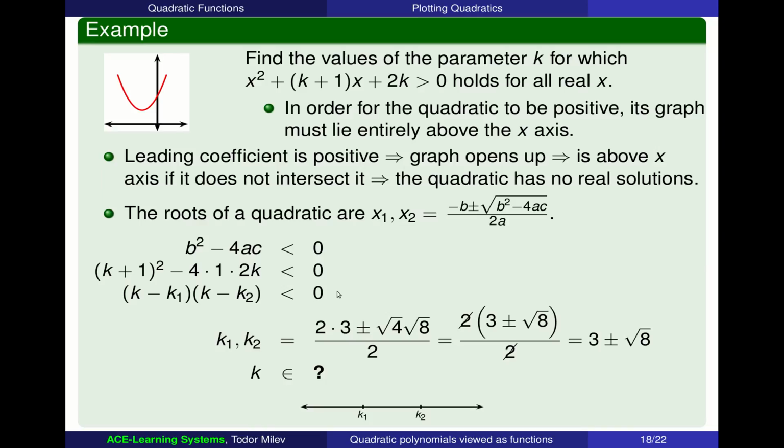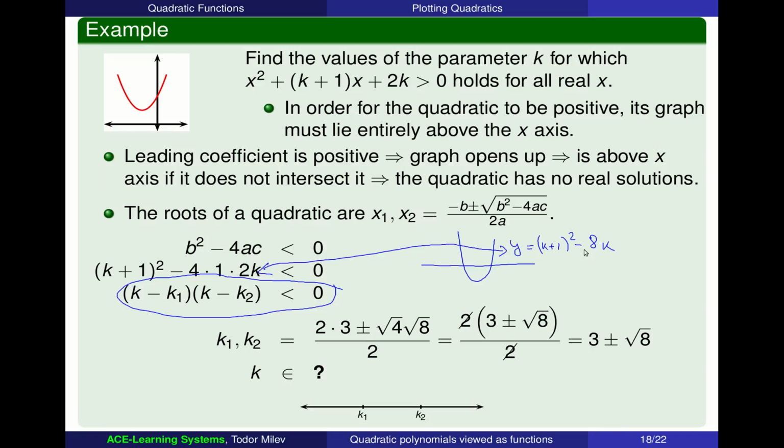I need to solve a quadratic inequality. Here what I'm seeing is a function of k. I have some function y equal to (k plus 1) squared minus 8 times k, right? That's this expression here.